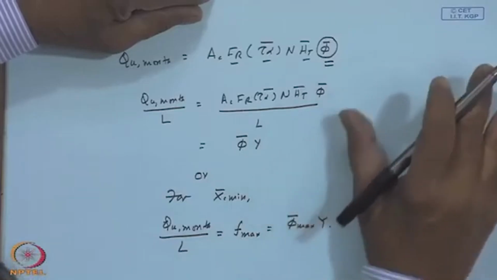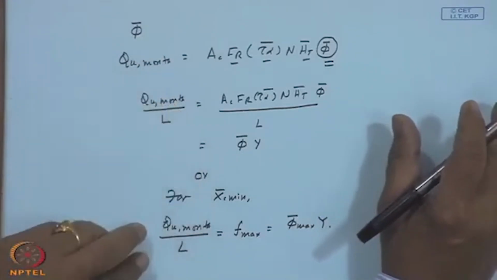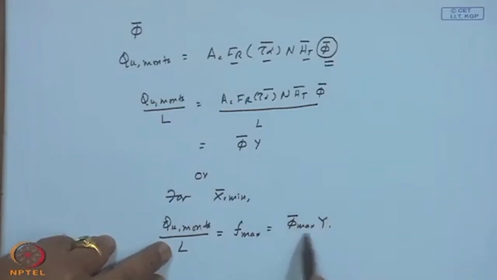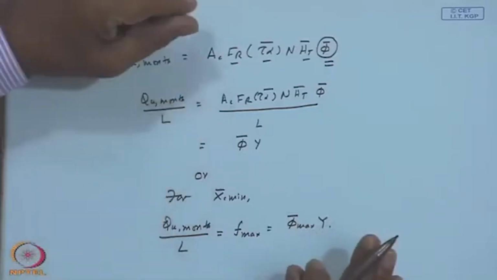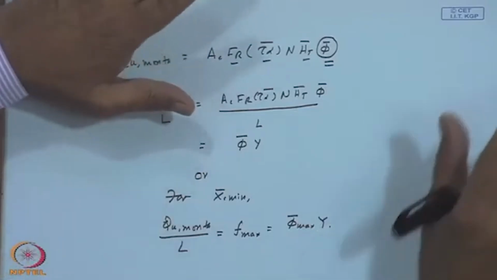So, if phi bar max is the corresponding utilizability for the x c bar minimum, in a way this q u for the month, if I normalize with the load, I will have a product phi bar max times y, which in one sense is the absolute maximum solar load fraction that the system can supply without other calculations.